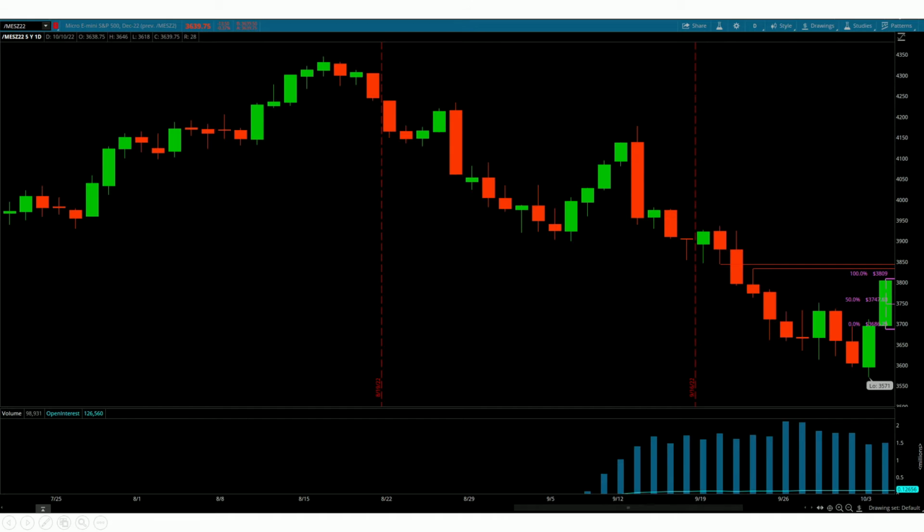Okay, so going back to my chart, I had that 50% drawn out, and then what I was looking at is okay, where would it want to go higher? So on my daily chart, I identified a fair value gap over here, and that is between the days of 920, 921, and 922.